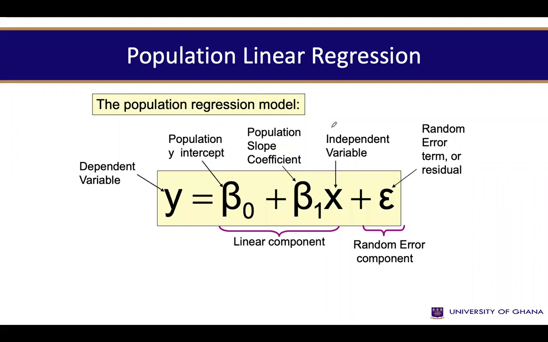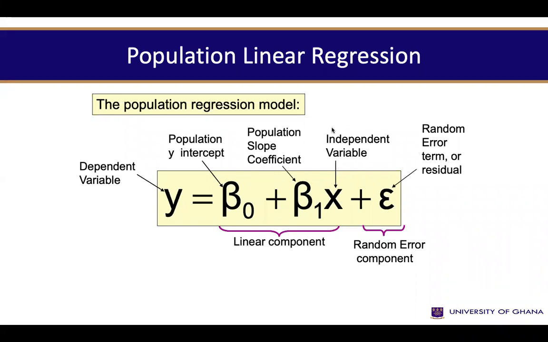Okay, so we can't do regression without math, right? There is a model that you would specify. This is the general form of a linear regression model, where you have an equation or a relation that expresses y, which is the dependent variable, in terms of x, which is the independent variable.